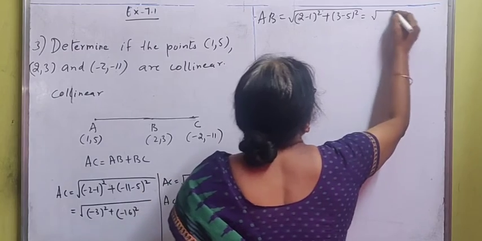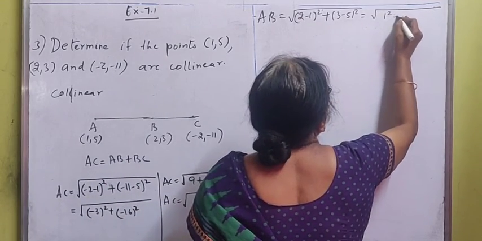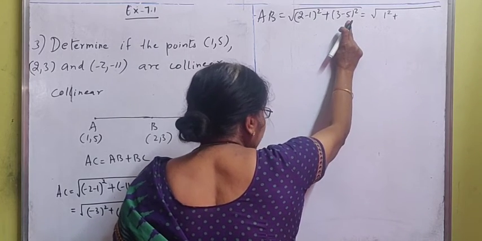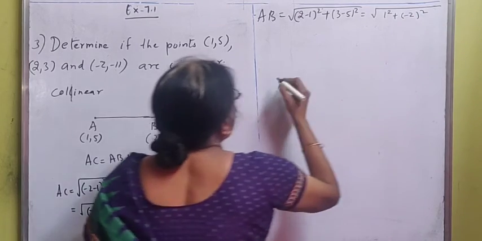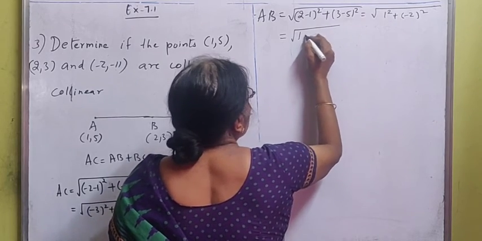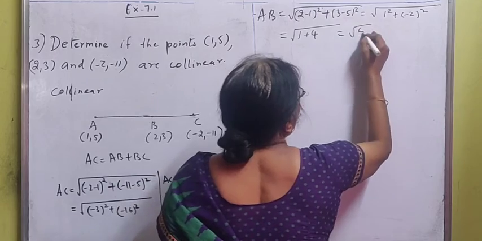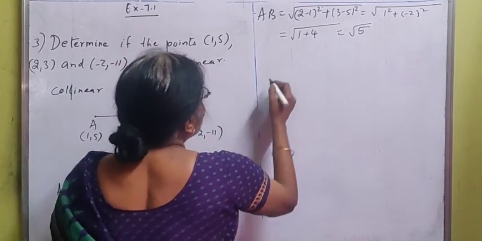That is the square root of (2 - 1) which is 1 squared, plus (3 - 5) which is -2, the whole square. So it is the square root of 1 plus 4, equal to root 5.